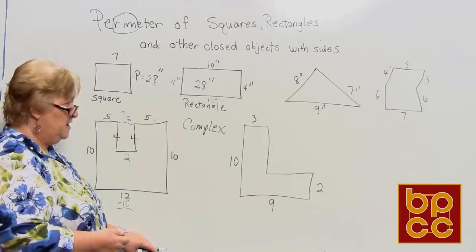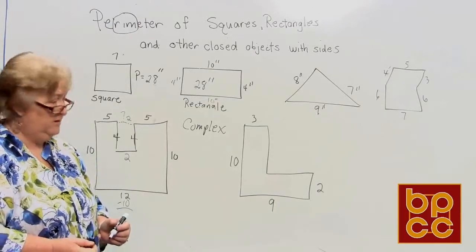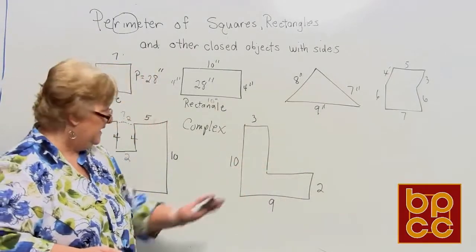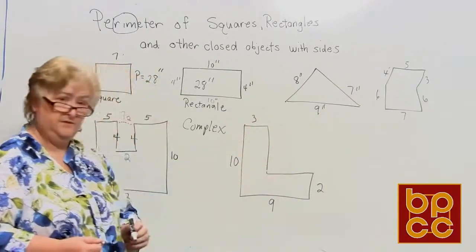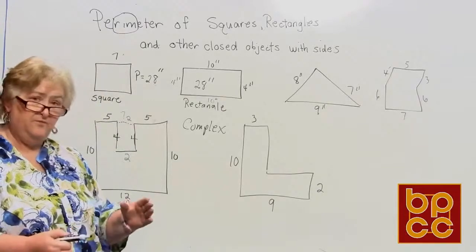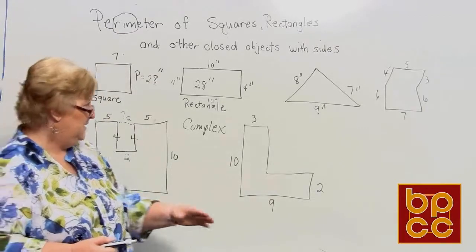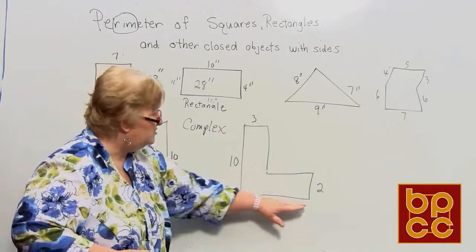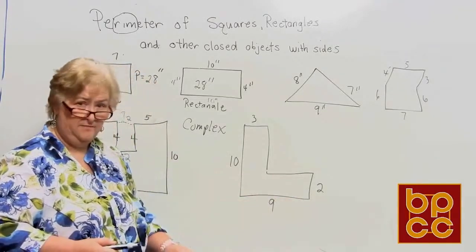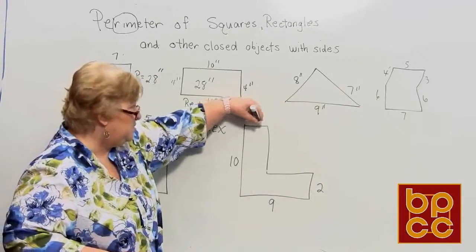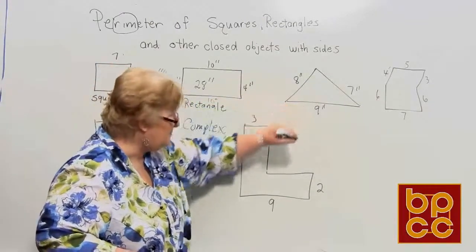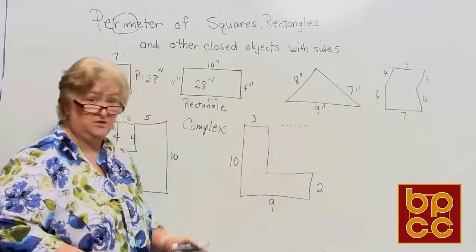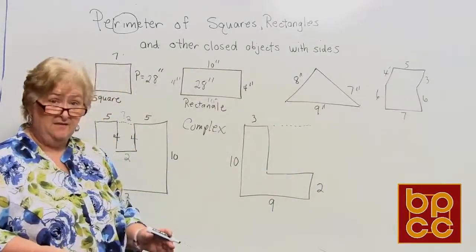Now in here, we have two sides missing, don't we? We have this horizontal missing, and we have this vertical missing. Now let's use the information that we have been given here. It looks to me like if this horizontal right here is 9, then this horizontal and this missing horizontal have got to add up to 9.